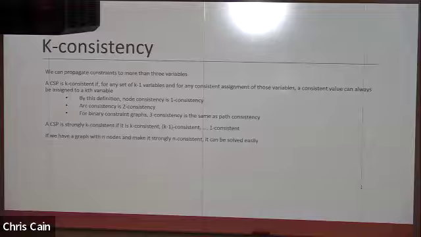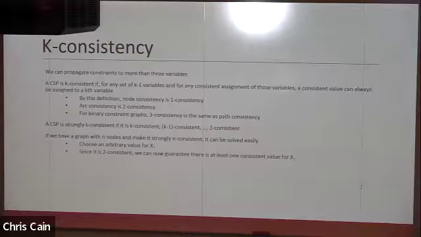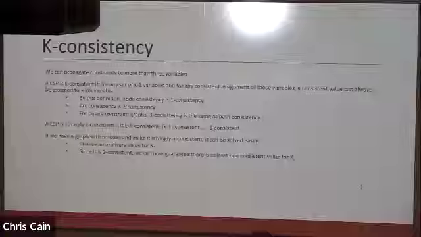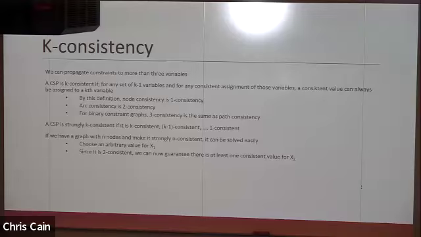So if we have a graph with n nodes and make it strongly n-consistent, we can solve it immediately, really easily. You just choose an arbitrary value for the first node. And we know that since it's 2-consistent, there will now be a legal consistent value for the second node. And given that it's 3-consistent, there will be a legal value for the third node.